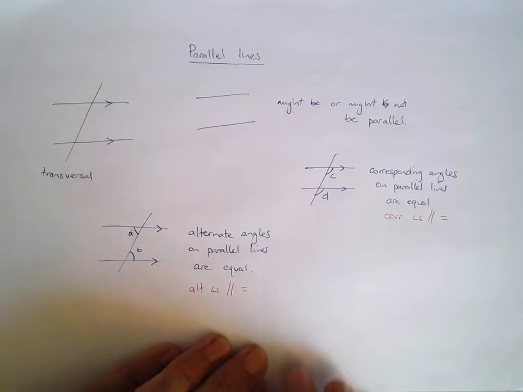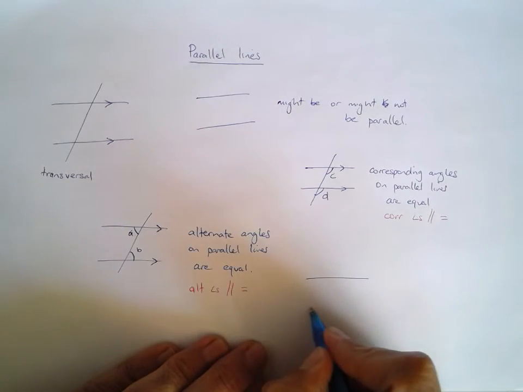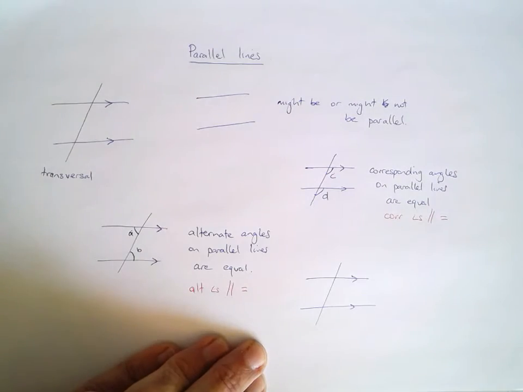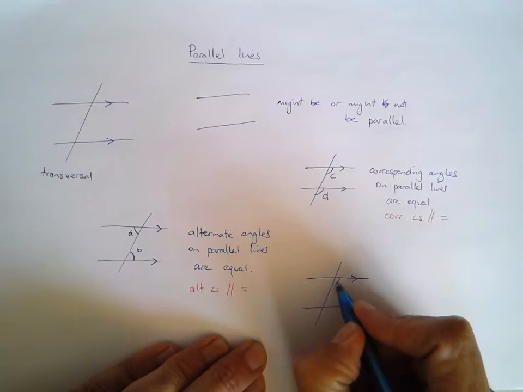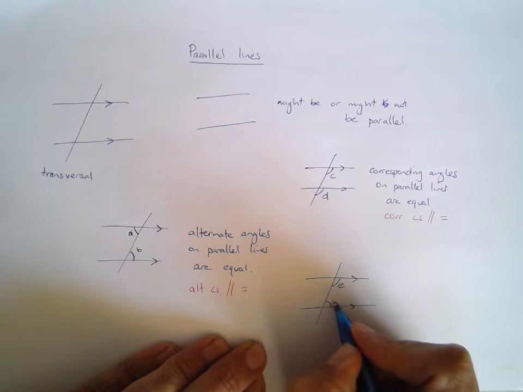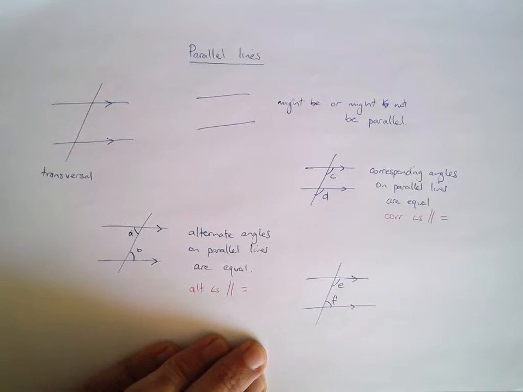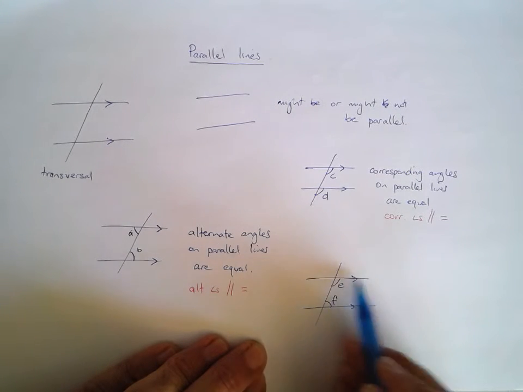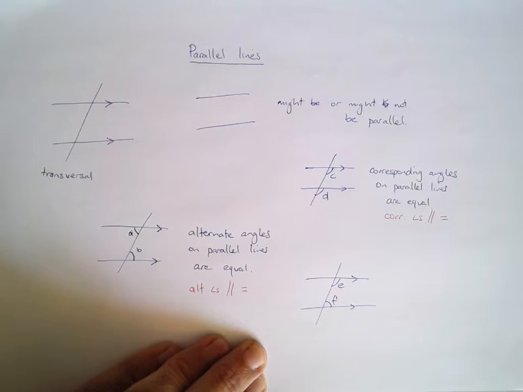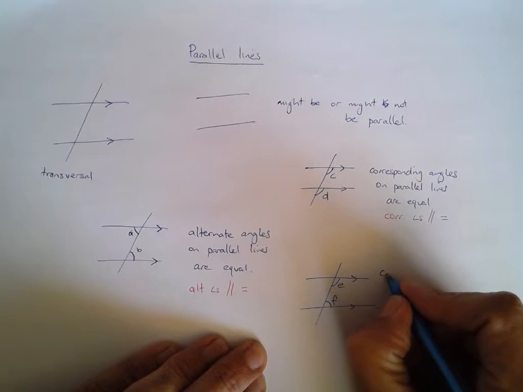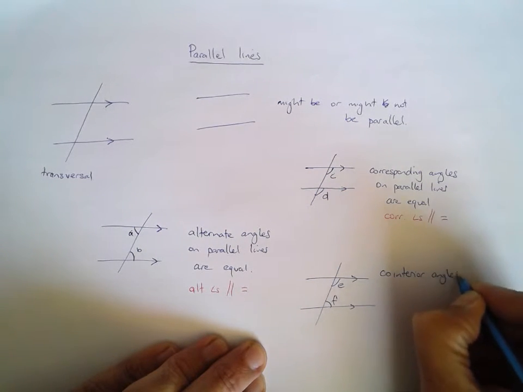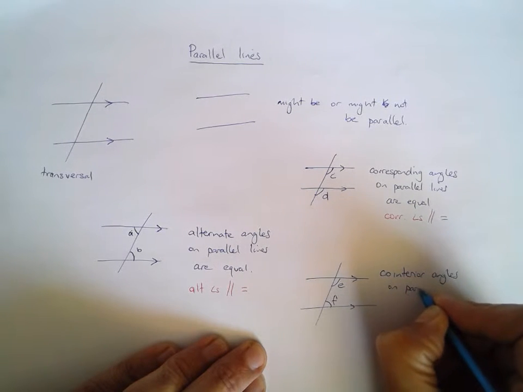And the third one, again, a pair of parallel lines and a transversal. These two angles here, E and F, we say they're co-interior angles. They're both between the parallel lines and on the same side of the transversal. We say they're co-interior angles on parallel lines.